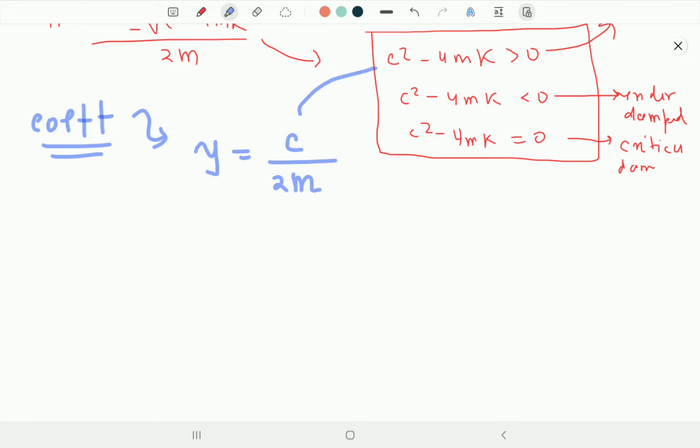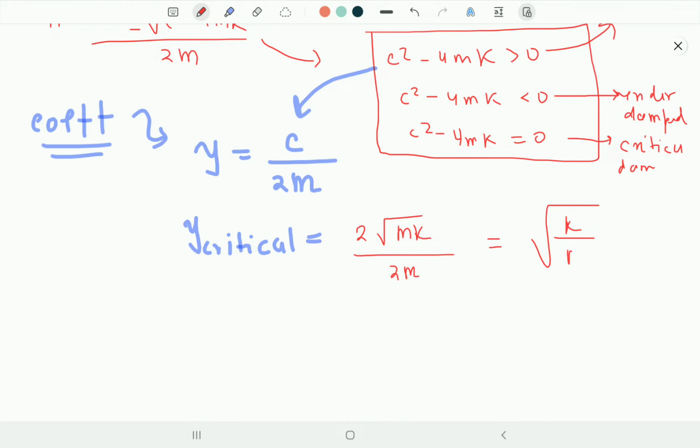Now what is c? Suppose I write gamma critical. So I would be writing c equivalent to the critical value, which is 2 root mk by 2m, and this would give me root k by m, which is gamma critical.